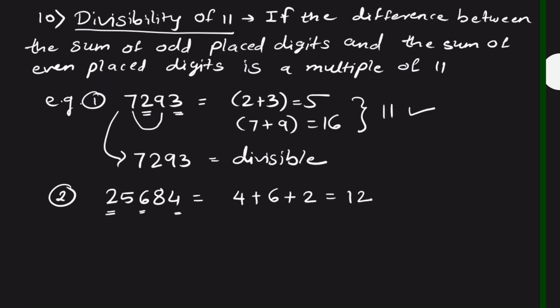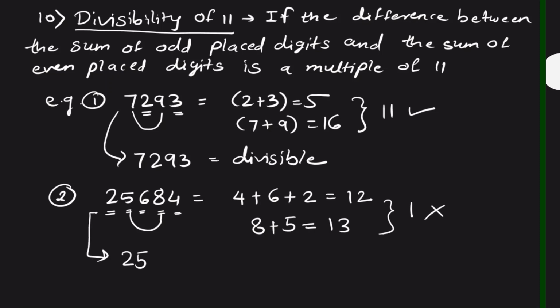Now we add the even place digits. 8 and 5 are even place digits because they are on second and fourth place. So 8 plus 5 equals 13, and the difference between 12 and 13 is 1, which is not a multiple of 11. That's why 25,684 is not divisible by 11.